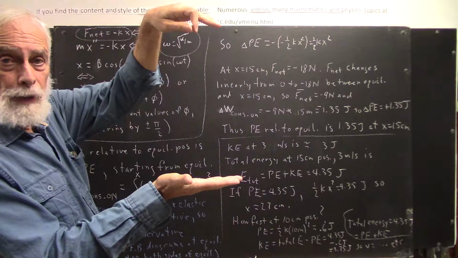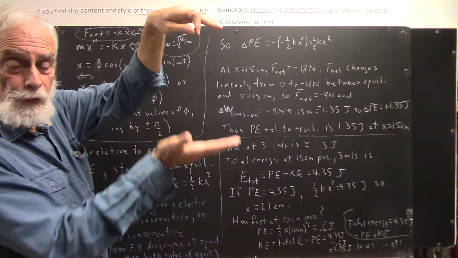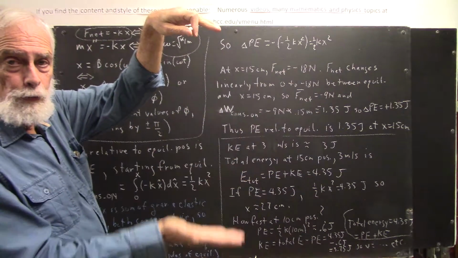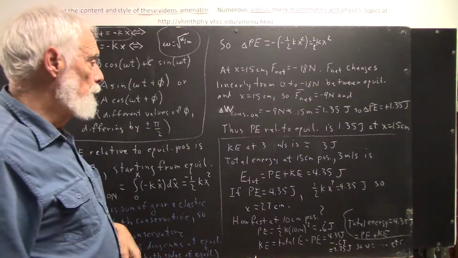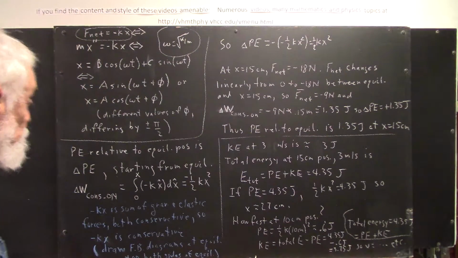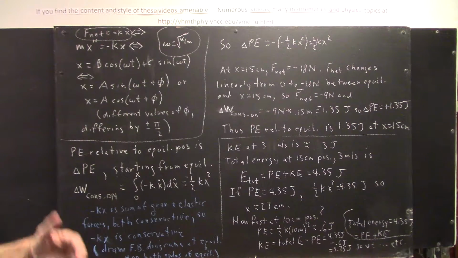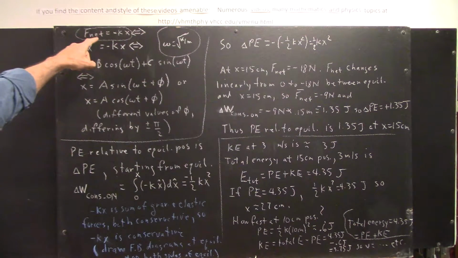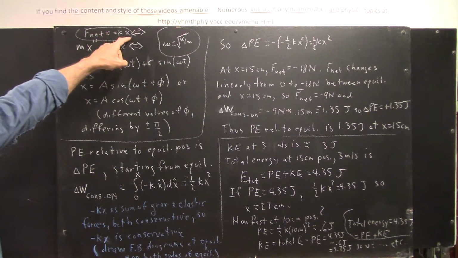You just have to think about how the force of the rubber band changes as you move above and below equilibrium. And the sum of the two forces will still be of the form F net equals negative kx.